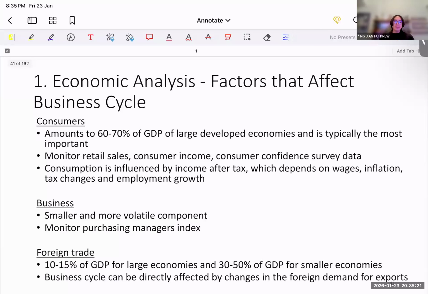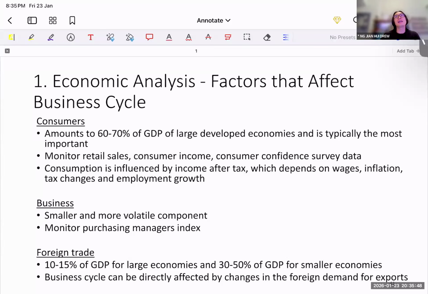Okay, typically, in a business cycle, consumers play the largest part. They contribute 60-70% of your GDP. Small businesses, not so much. And then foreign trade, depending on how big trade is to the company or the size of the economy, can represent 15 to 20%, 10 to 15%, or 30 to 50%.